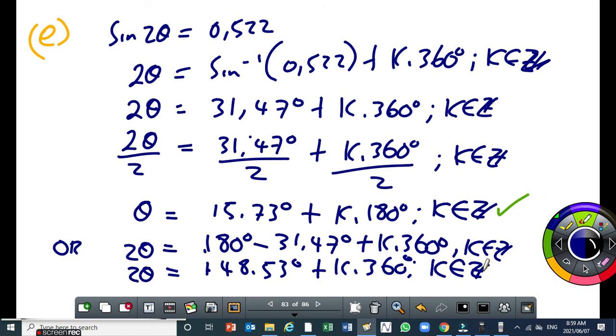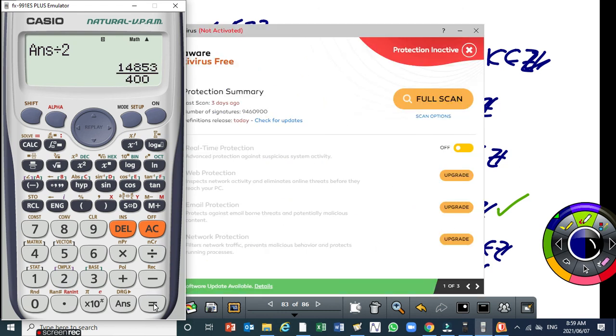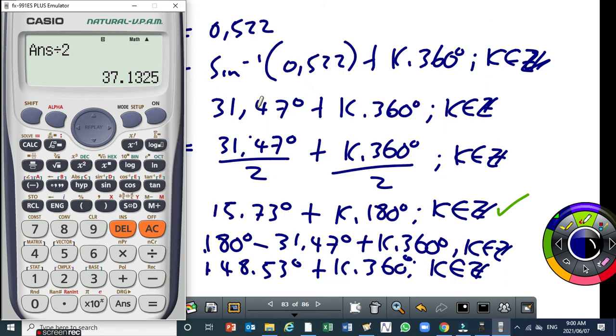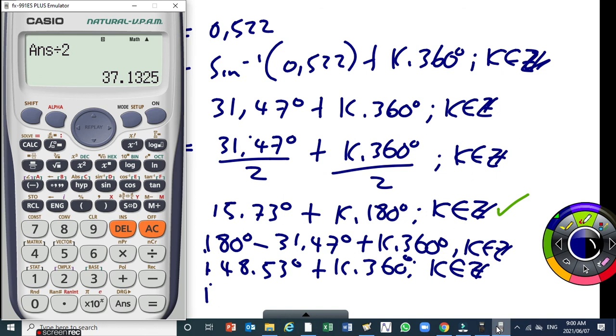Then from here, we divide each term by 2. So we divide that by 2, I'm rushing now.